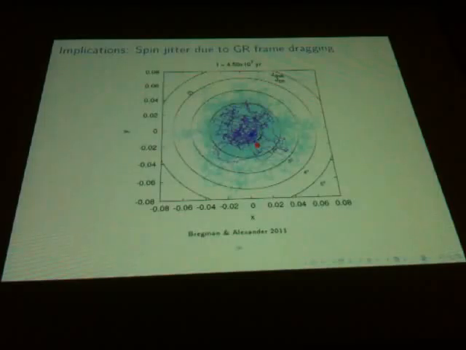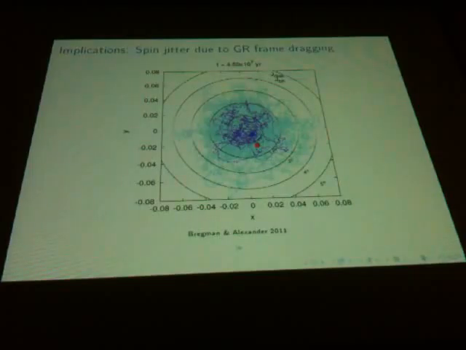And finally, and I don't think I'm going to get to the galactic center stuff, so let me just mention that this also, through the Bardeen-Peterson effect, introduces a jitter to the direction of the spin. So this is a model for a massive AGN-like disk. It's not related to the model of 4258.